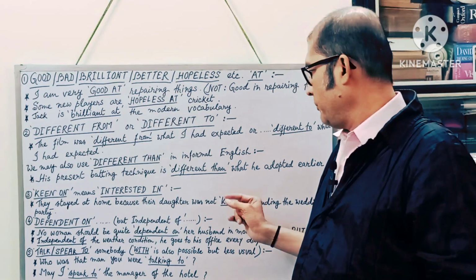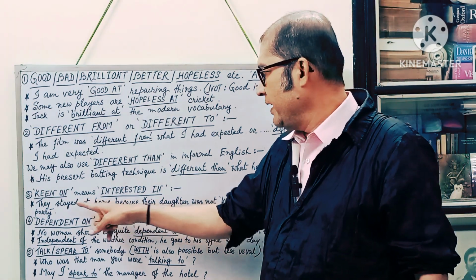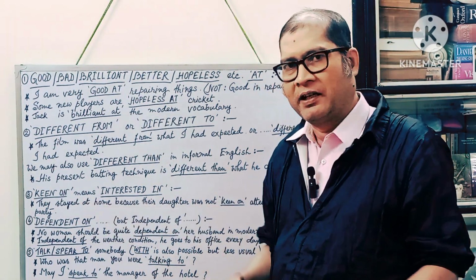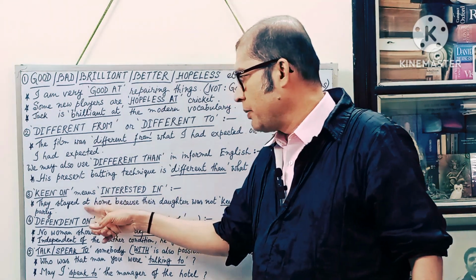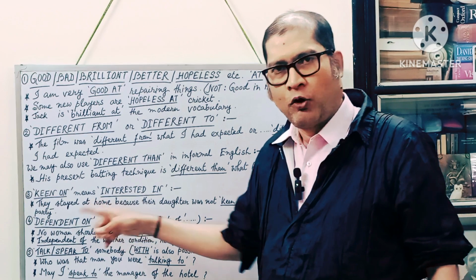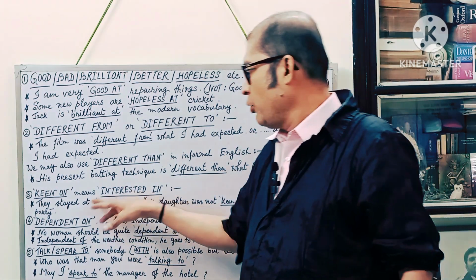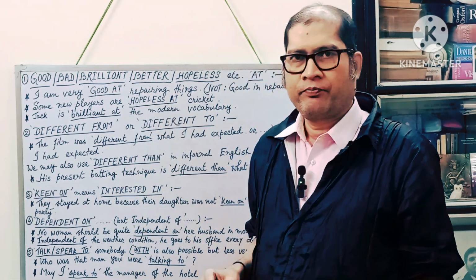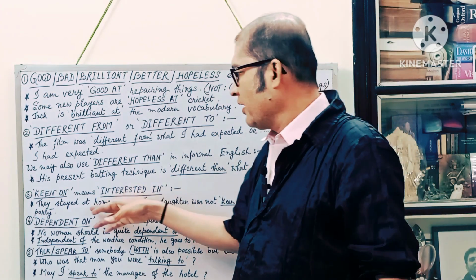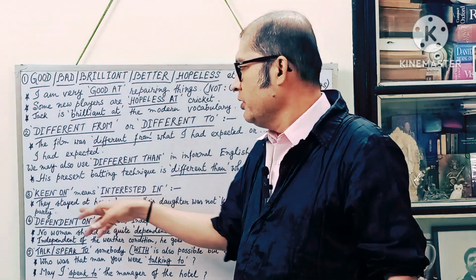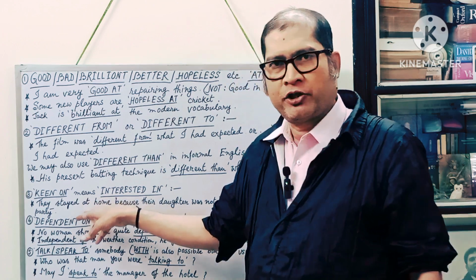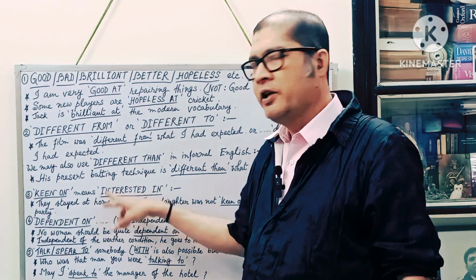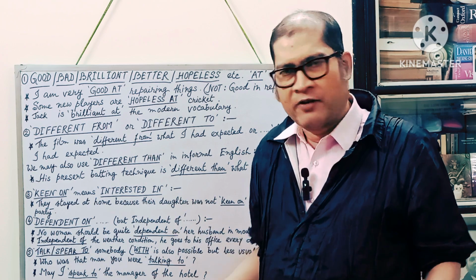So here you see the preposition, they stayed at home. You may feel a little uncomfortable about the use of this preposition at before home. Look, at home itself is a phrase. Now if you want, you may use home just after stayed without any preposition, because the word home is also used as an adverb.